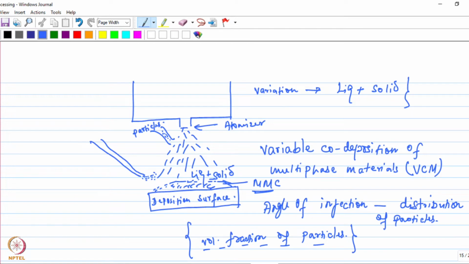Now the stir casting technique that we discussed before also has a variant in the sense that this stirring of the melt which was done in the primary stir casting process can be done when the metal is in the two-phase region. Okay, so instead of stirring it in the liquid state, it can also be stirred in the two-phase condition.